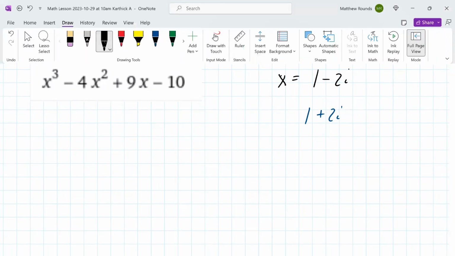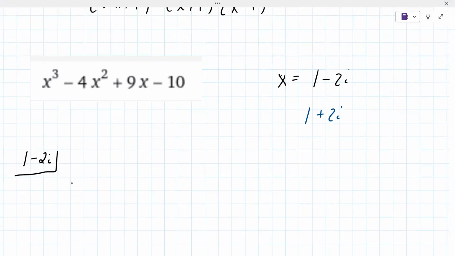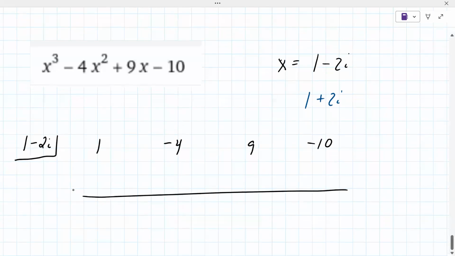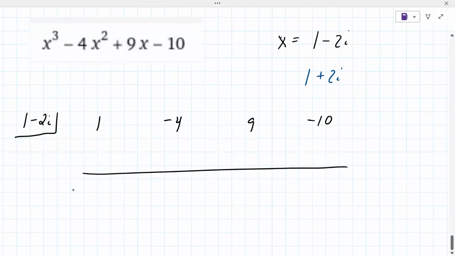All right, so we're going to put that in the box here and do the synthetic division. You'll want to leave a little more room on these when you're writing out the results, because it just gets really potentially messy.